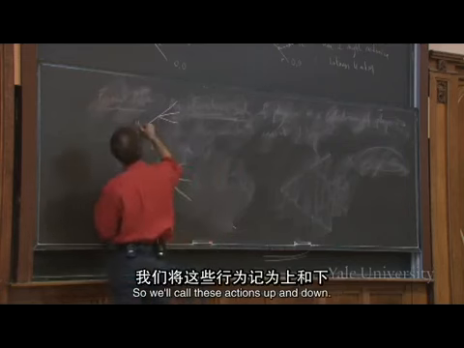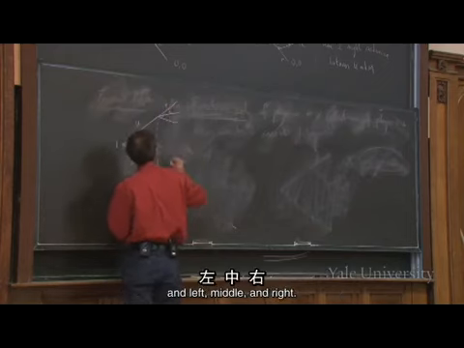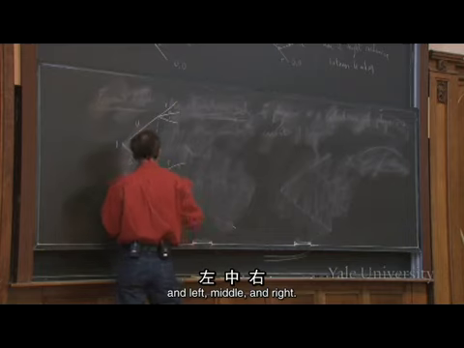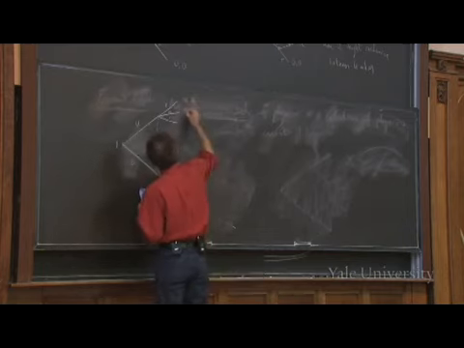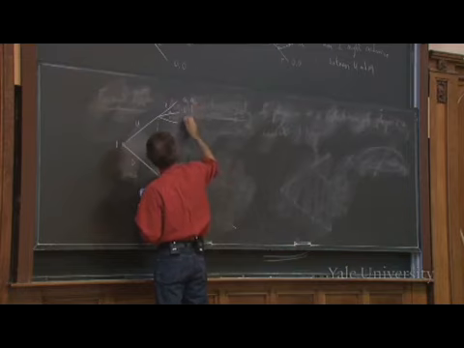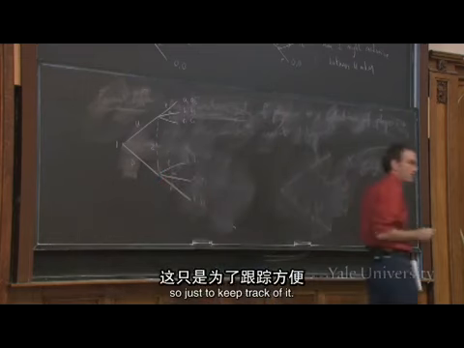We'll call the actions up and down, and left, middle, and right, and we'll call the payoffs A1, A2, B1, B2, C1, C2, D1, D2, E1, E2, and F1, F2, just to keep track of it.